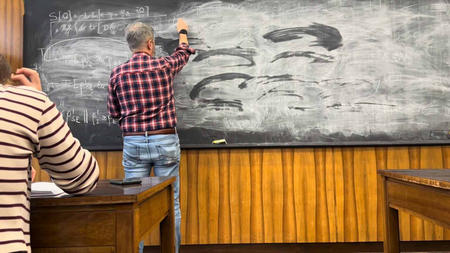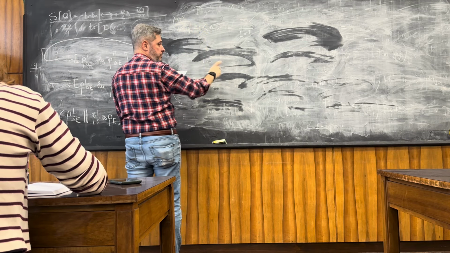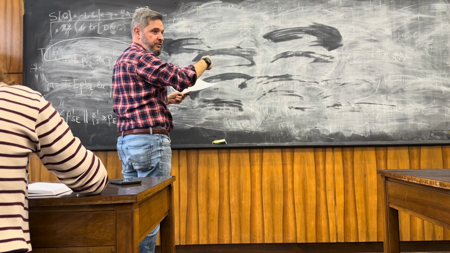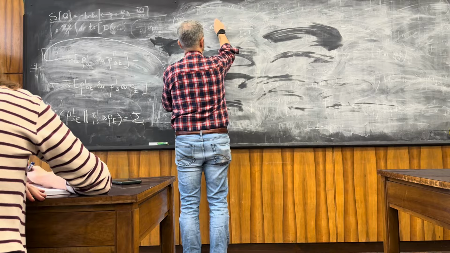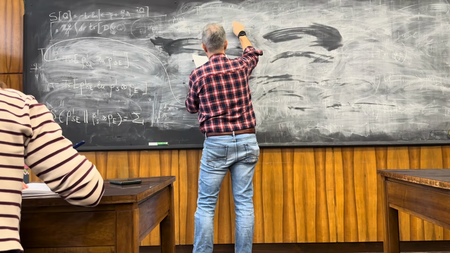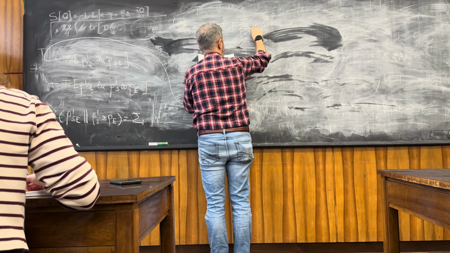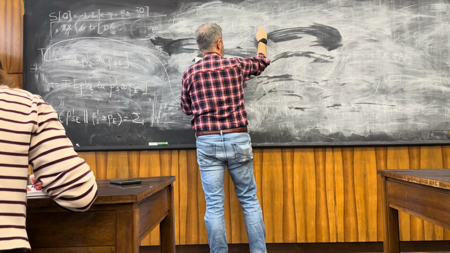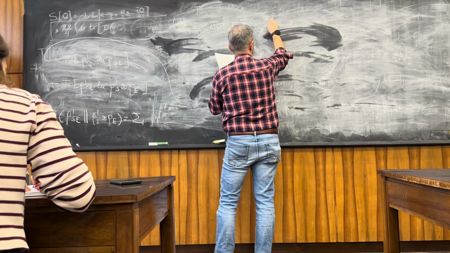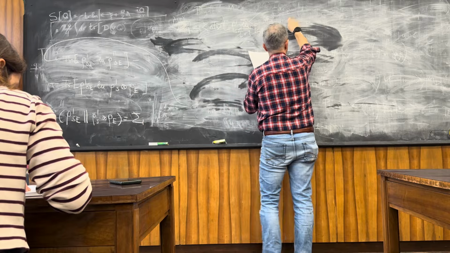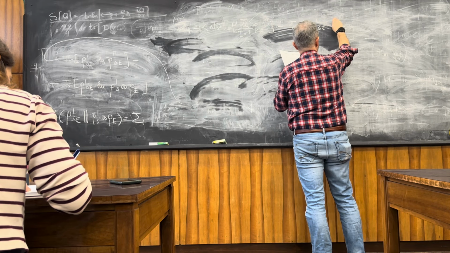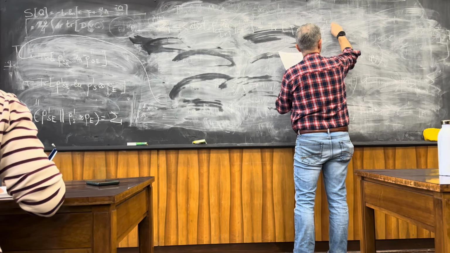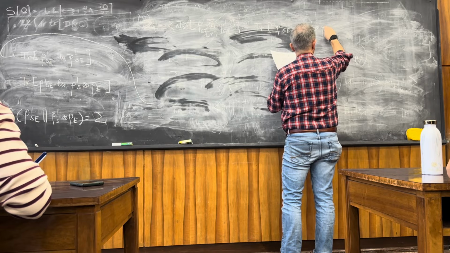So let's go back to this now and do some physics. So this is S equals the trace of rho prime SE log rho prime SE minus the trace of rho prime SE log of rho prime SE.